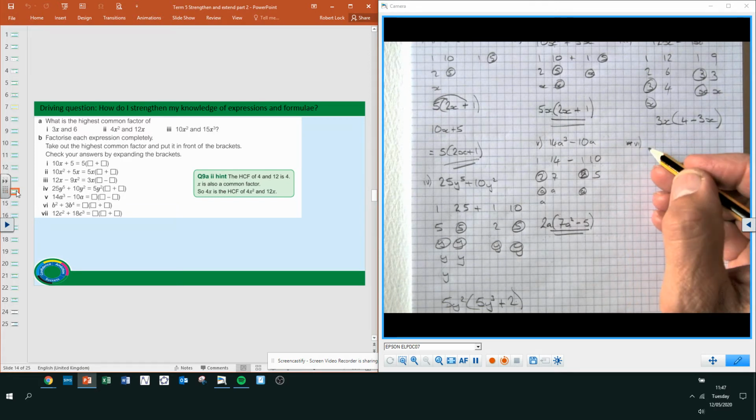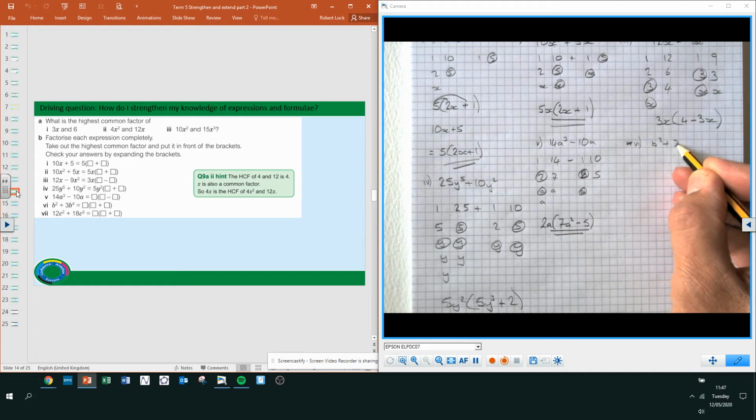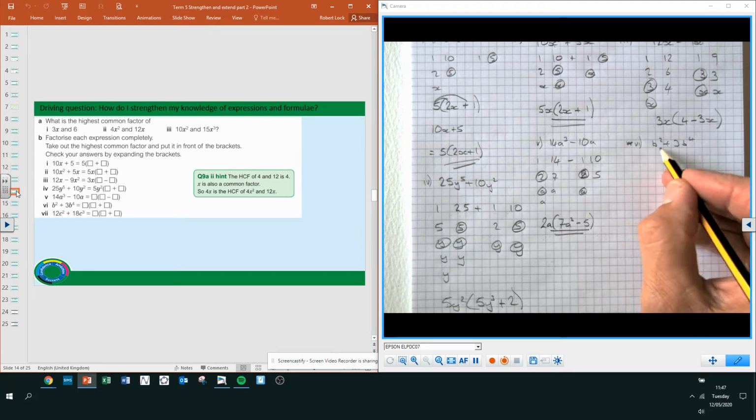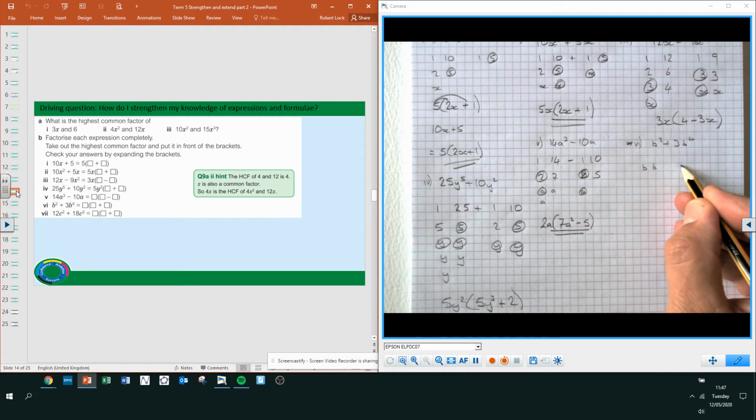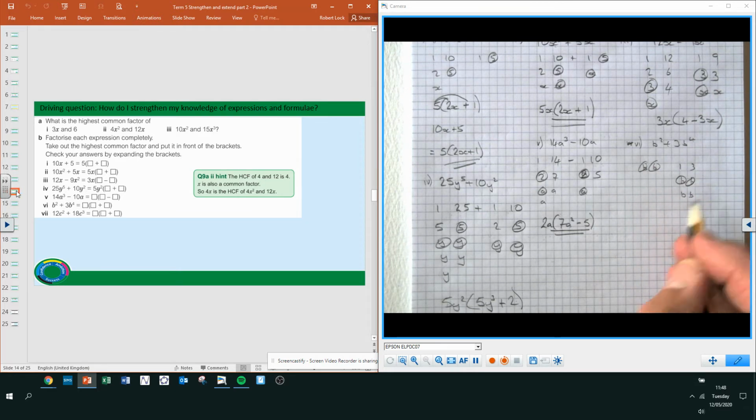Question 6. b squared plus 3b to the power 4. No numbers on the side, so just b and b. Here we've got 1 and 3, and b 4 times. So it's b squared, bracket.